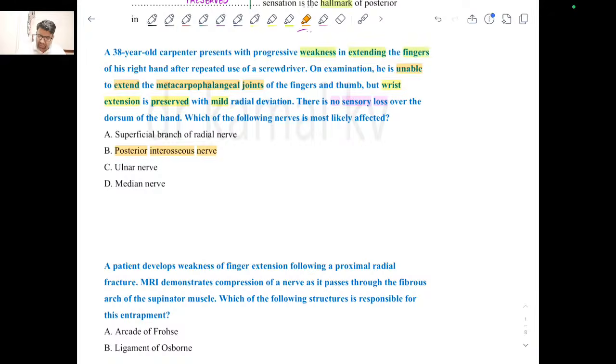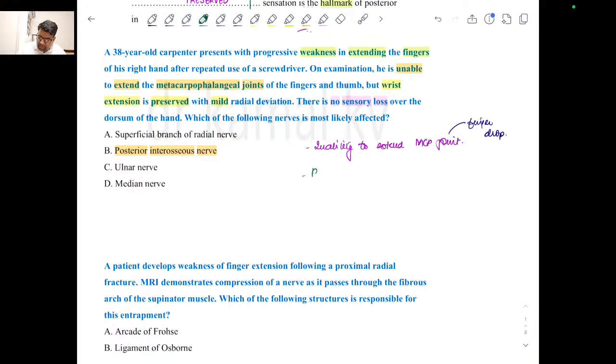So the classical keywords are what? Inability to extend the MCP joint, this is what we call finger drop.